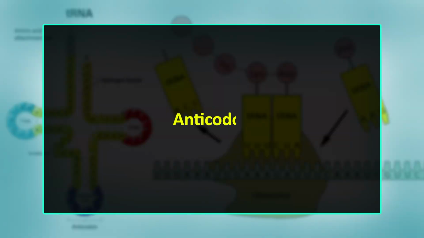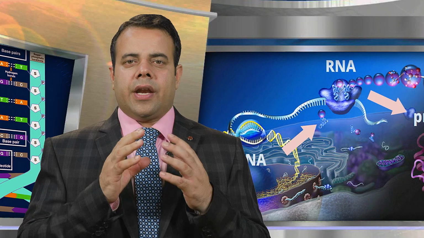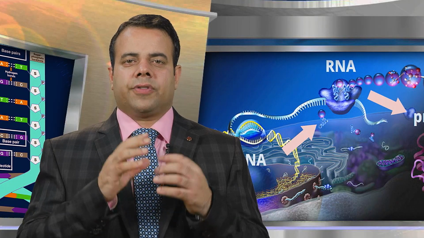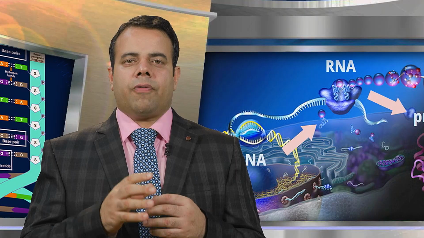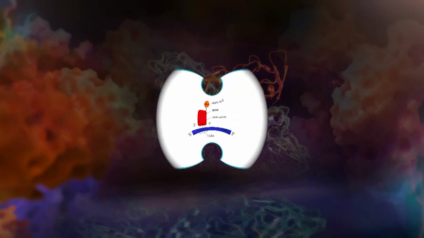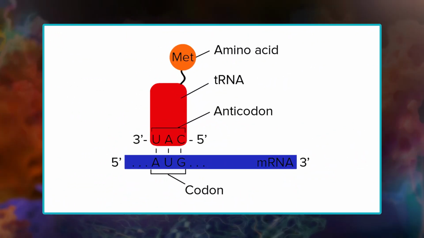Dear students, let's discuss the anticodon. An anticodon is a unit of 3 nucleotides corresponding to the 3 bases of an mRNA codon. Each tRNA has a distinct anticodon triplet sequence that can form 3 complementary base pairs to 1 or more codons for an amino acid.